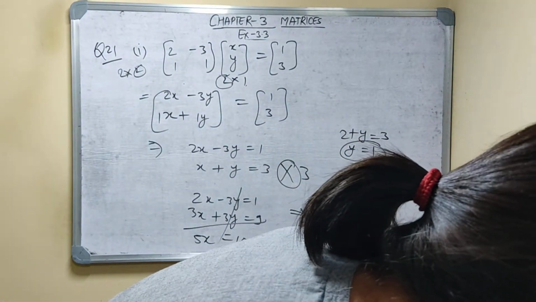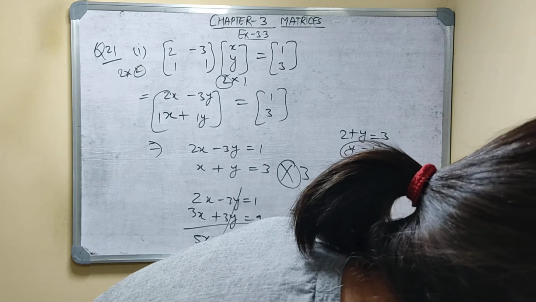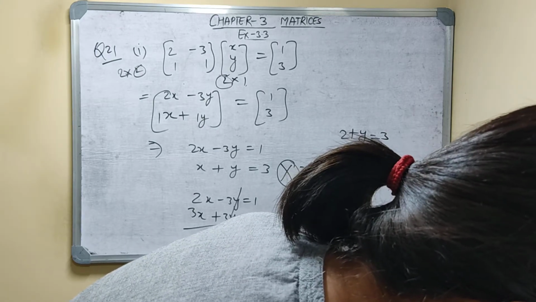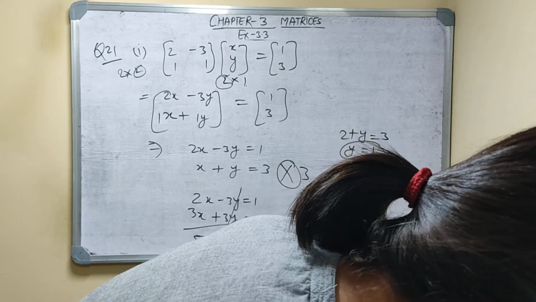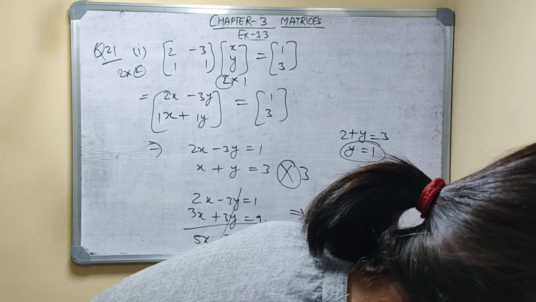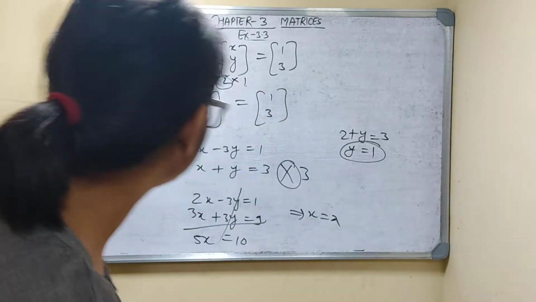Let's take the second part of question number 21. First part: x is equal to 2, y is equal to 1.